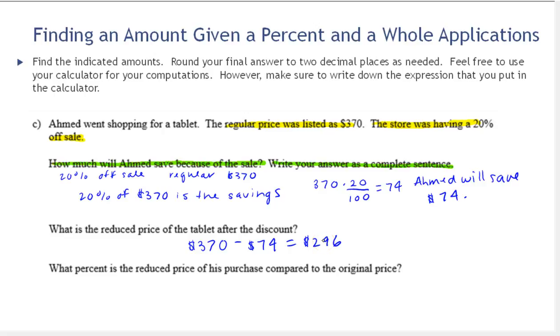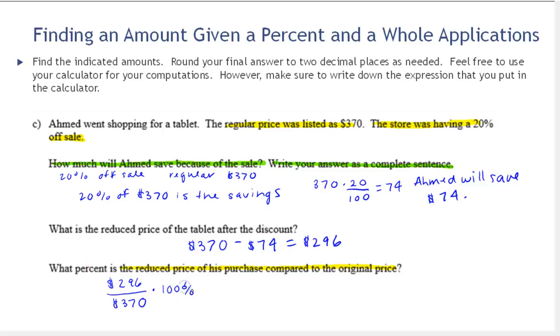Now we're asked, what percent is the reduced price of his purchase compared to the original price? So now we're asked to find a percent, and the comparison is the reduced price. It uses this "to" language, so the original price goes in the denominator, which is $370, and we want this ratio as a percent, because it asks for what percent.